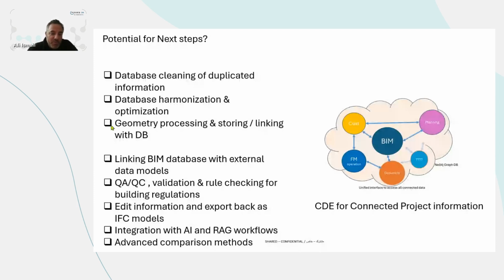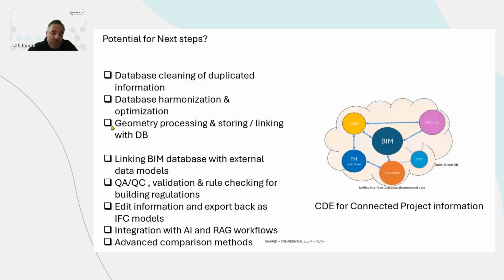So from my point of view, I think in the future, or what we can do next, actually we can clean the database and remove any duplicated information, like objectified relationships can be deleted because we already created the relationship between the objects. We can do a kind of database harmonization and optimization.